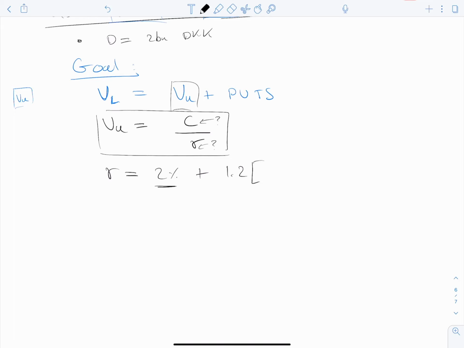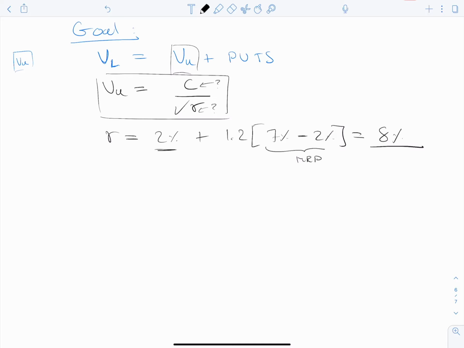Then it says that an asset with beta 1, and we know from our theory that the market has a beta of 1, so the return on the market is 7%. I subtract the 2%, so I get the market risk premium, and I get that my cost of capital is 8%. Now this one is checked off. What is my cash flow?